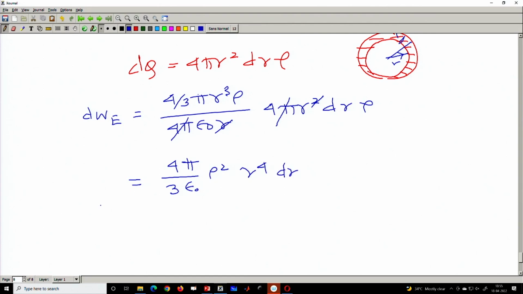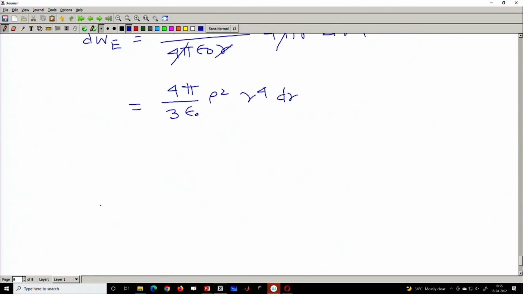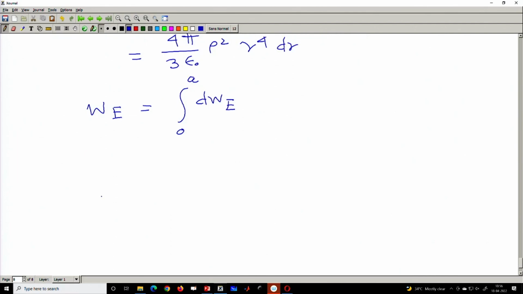So, now I need to create the entire sphere. That means my W E, the total energy, should be the integration of the total thing with the limit 0 to a, because I am forming the sphere of radius from 0 to a. So, I simply integrate it.